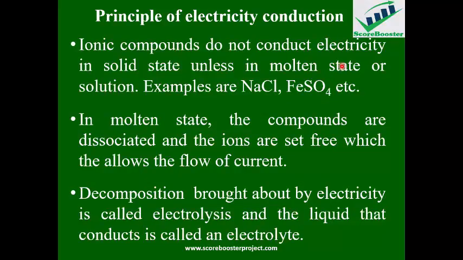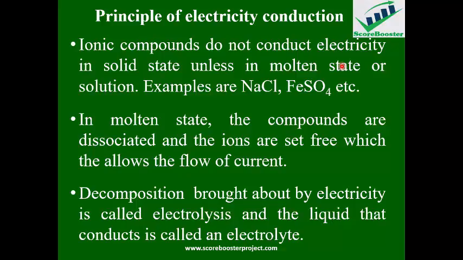Ionic compounds are not molecular in this case. They are ionic. They are able to conduct electricity, but not in the state where they are. They have to be transformed into another state so as to make them able to conduct current.